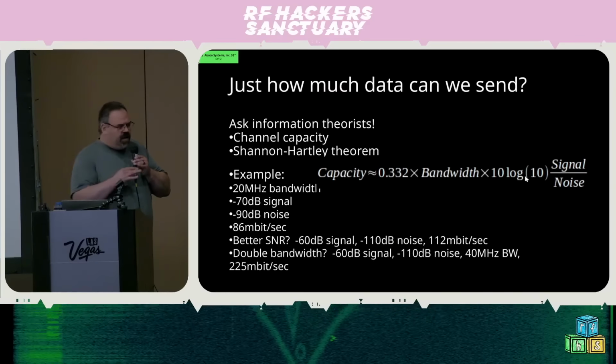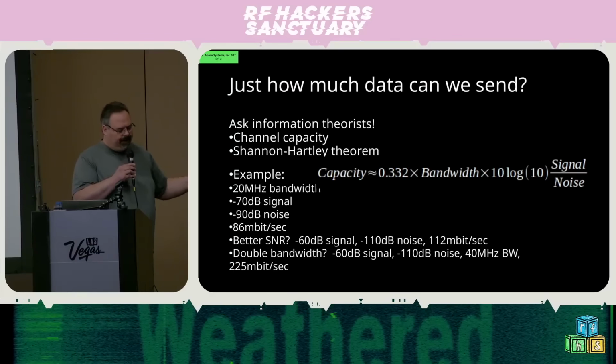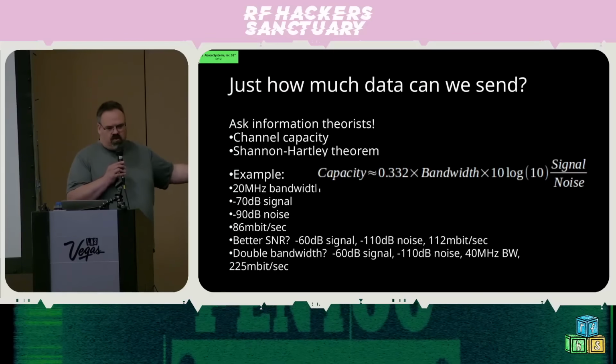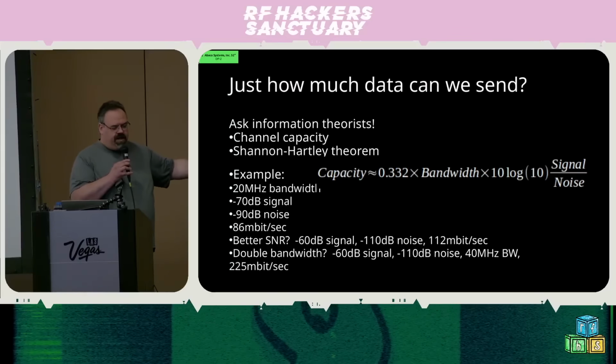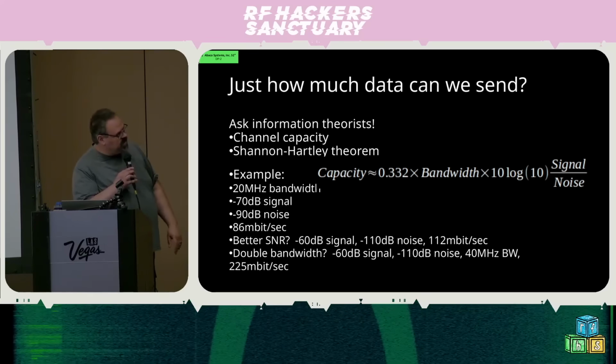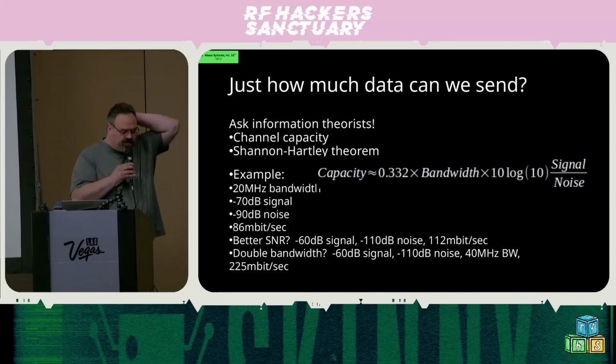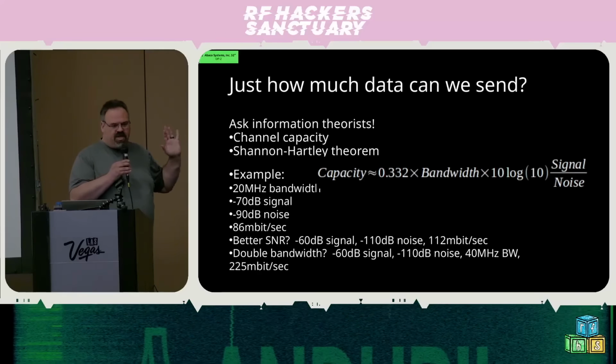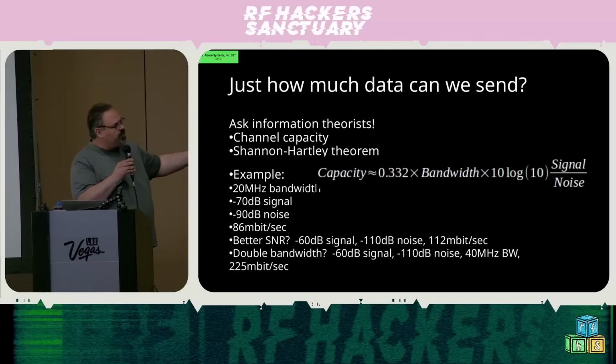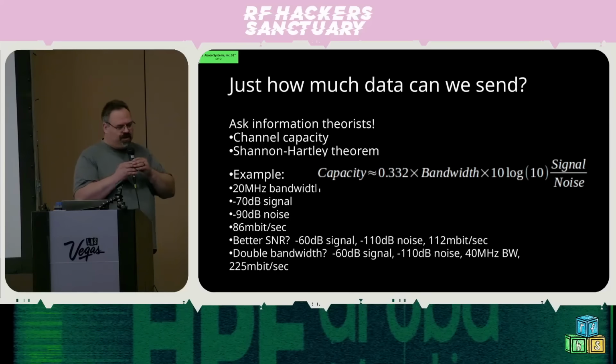As far as how much data we can send, like with that quadrature amplitude modulation thing where I said we need a less noisy channel, Claude Shannon and someone else, whose first name I forget because I'm a terrible person, came up with this channel capacity theorem within the field of information theory.